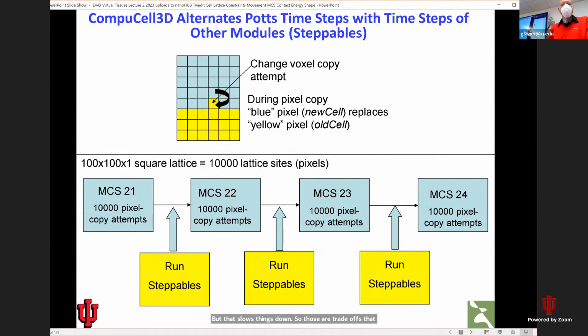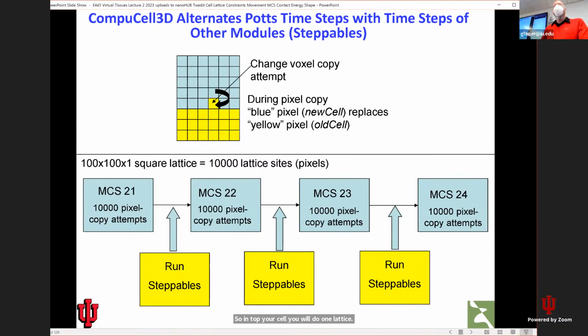Computationally, Computational and most of these other packages that you'll face do not do very fancy interfacing between different algorithms. They just alternate time stepping of different algorithms. So in Computational, you will do one lattice update where you move the cells around.